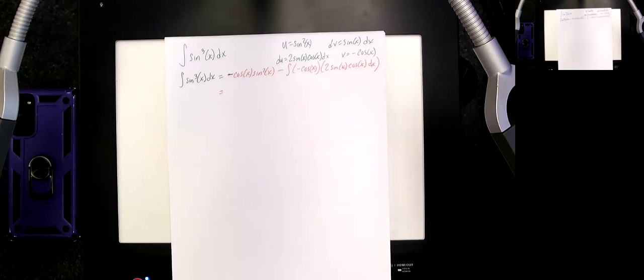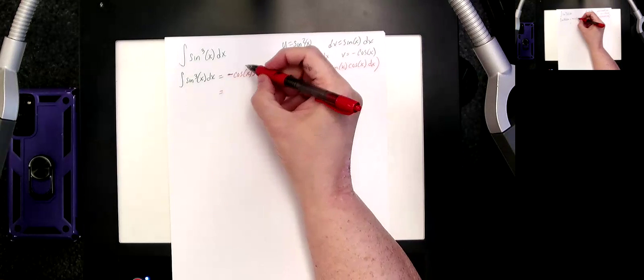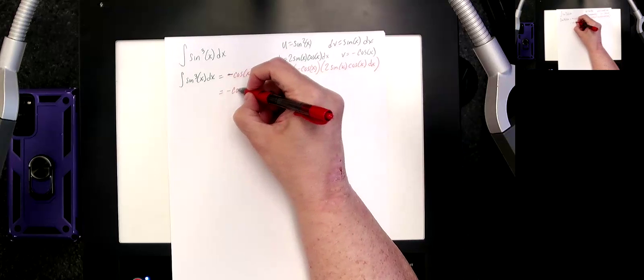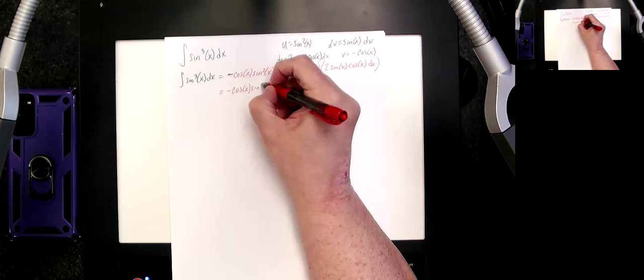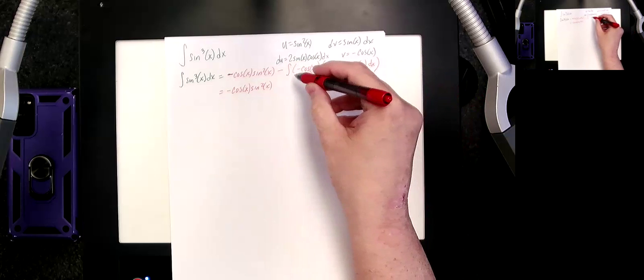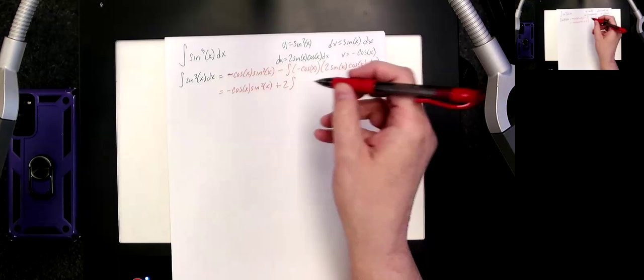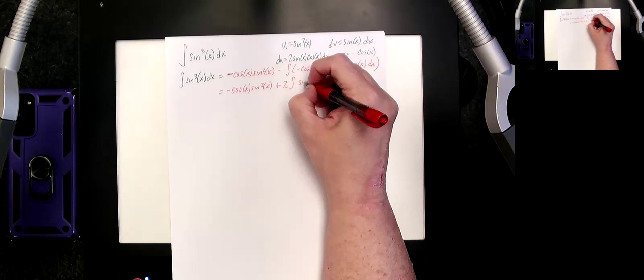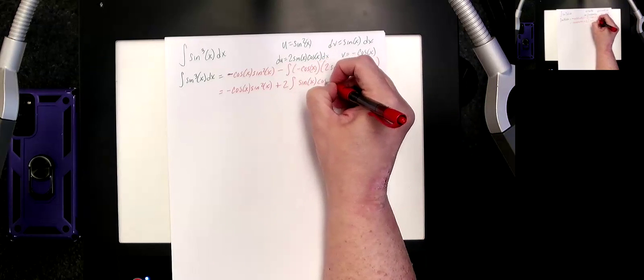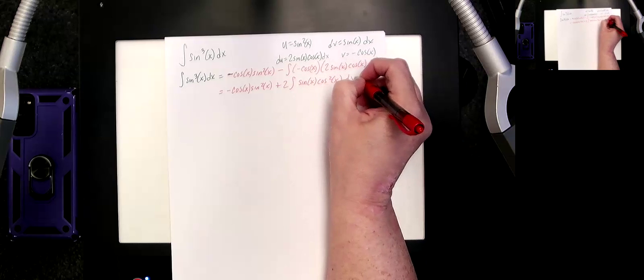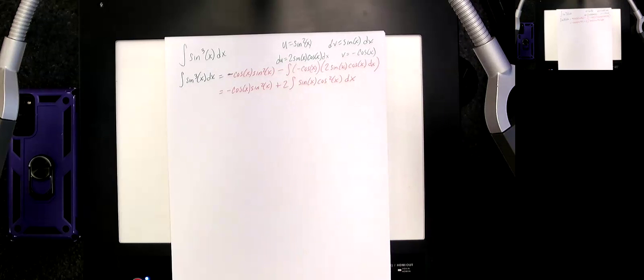Oh, I didn't go back and show you the other way to do the other problem. We'll do that in a little bit. So I've got negative cosine x sine squared x. This becomes a positive, and I'll pull the 2 out. And it looks like I've got sine x cosine squared x dx. Now what?